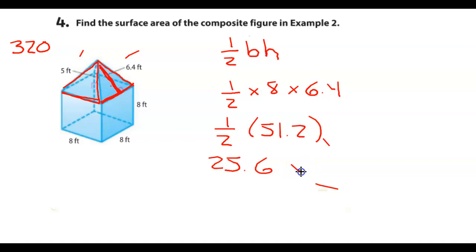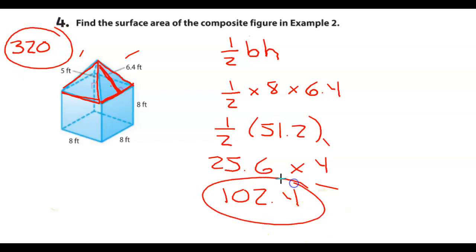So we're going to do 25.6 times 4, and that's going to give me 102.4. So now let's go ahead and add in the bottom with the top. So 320 plus 102.4 is going to give me 422.4 feet, and we're doing area, so it's going to be squared.